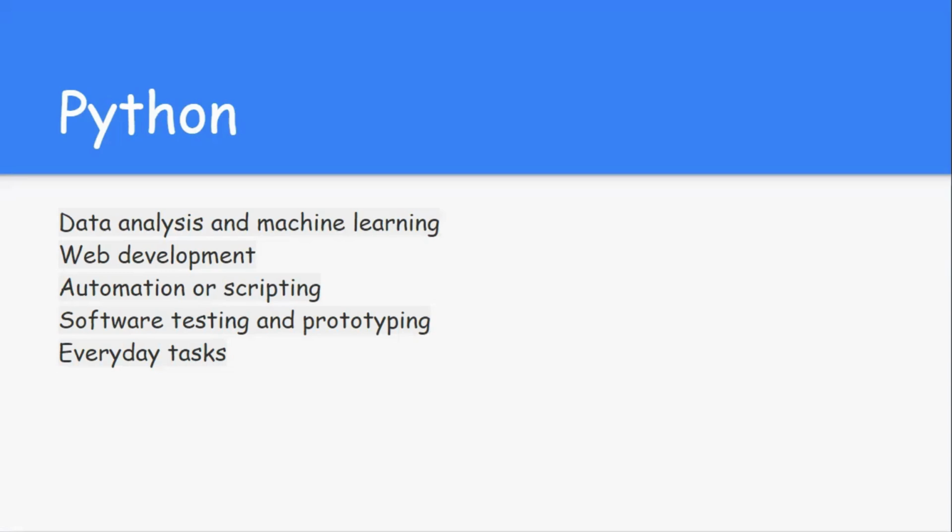All right, so we do actually have a course in STEM School for Python, where it is mostly used. Data analysis, machine learning, web development, automation or scripting, software testing or prototyping, and everyday tasks.